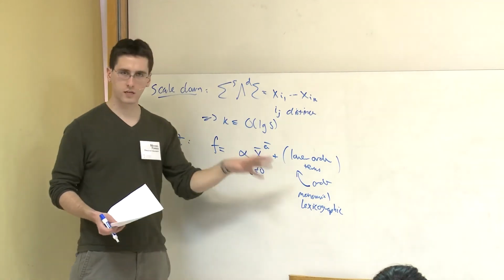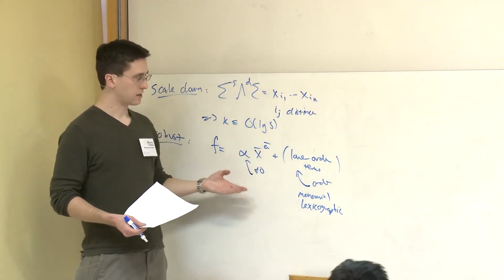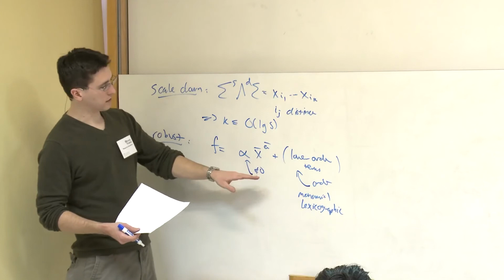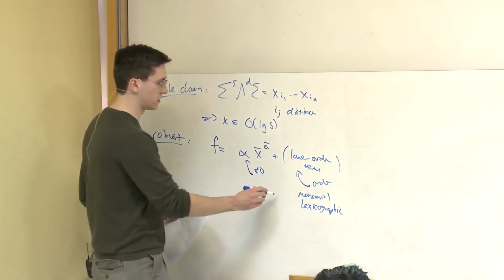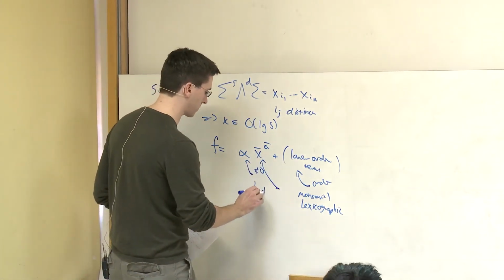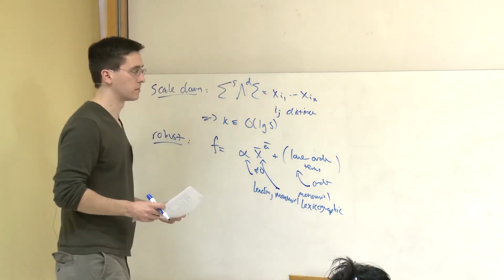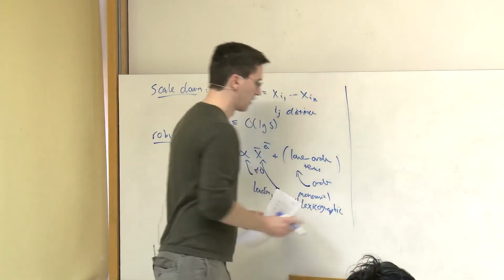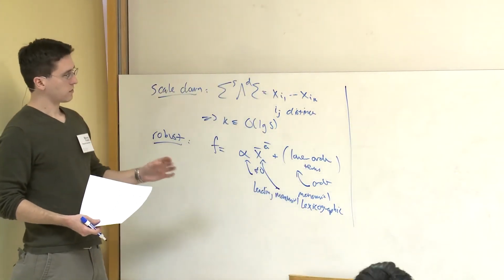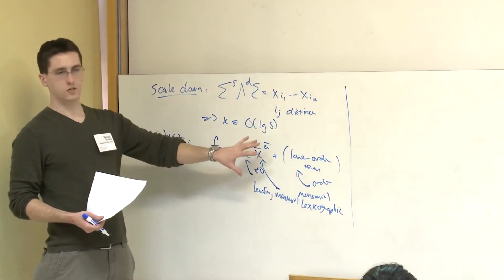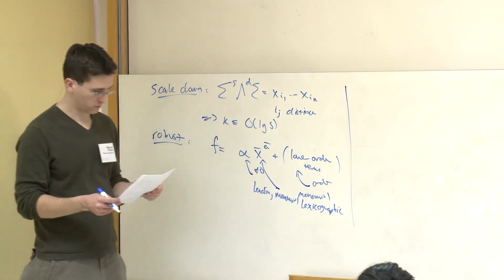This gives you a unique total order on monomials, and that gives you a leading monomial. So this thing here is the leading monomial. And the structural result here will be about the structure of this leading monomial.